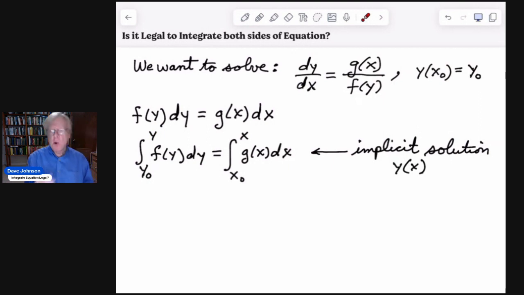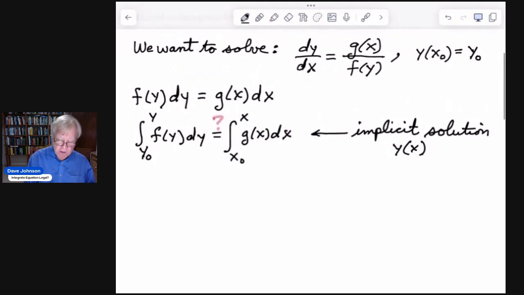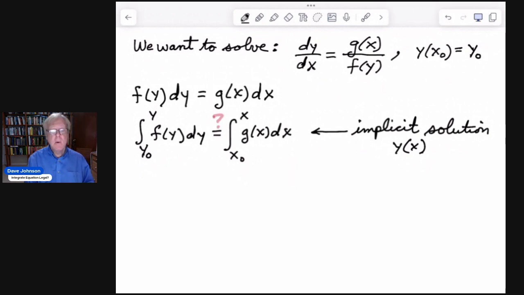And when we go through this whole process, integrating both sides and doing the integrals, simplifying, what you're going to end up with, hopefully, is some function y as a function of x. And that is our solution of this equation. So if this is legal, and so let me actually put a little red question mark here, if this is legal, then we'll get the solution of the differential equation. And that's what we want.